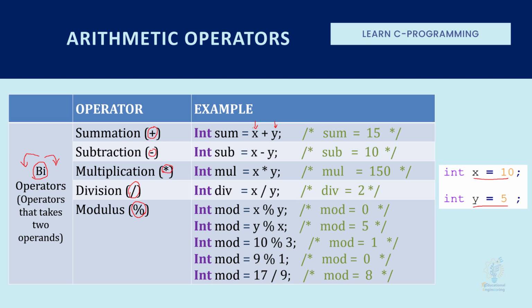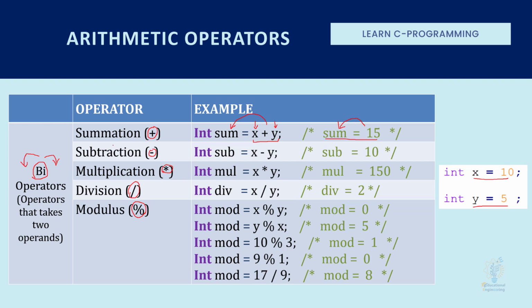The result of this sum will be stored inside this variable. So x plus y, 10 plus 5, will be 15. And this is the result. So some variable will include the value of the summation, which is x plus y.